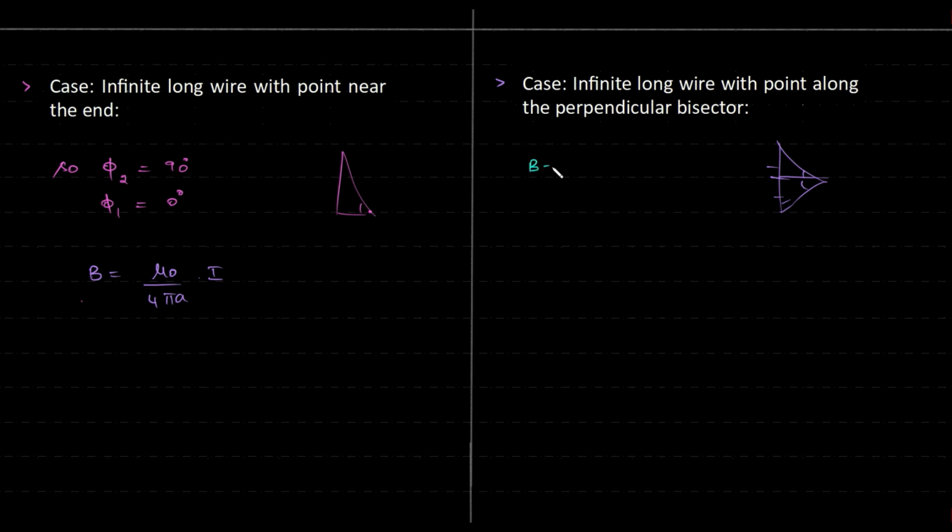So B is equal to mu naught by 4 pi a. This is dependent on current, and we have sine phi. Oh yeah, this will be same, sine phi. These two angles will be same. That's what will be our funda. This is mu naught by 2 pi a I sine phi. Right?